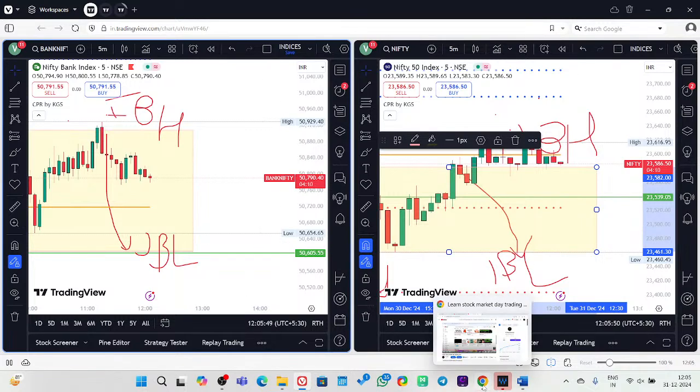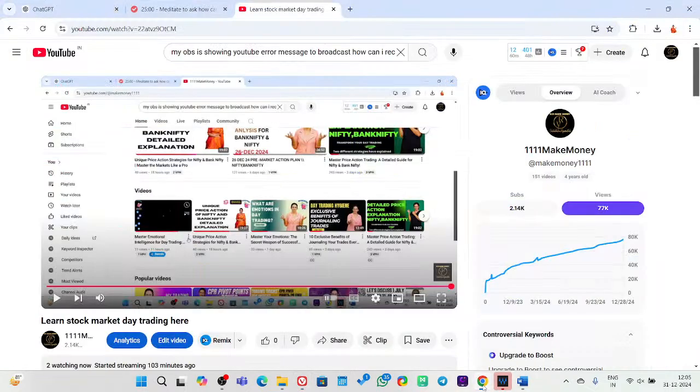Nifty is in the control. Sorry, Bank Nifty is in the control.